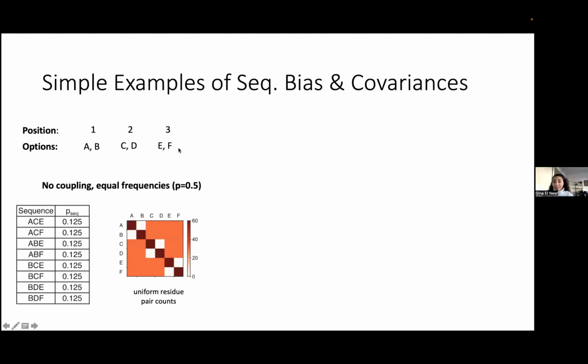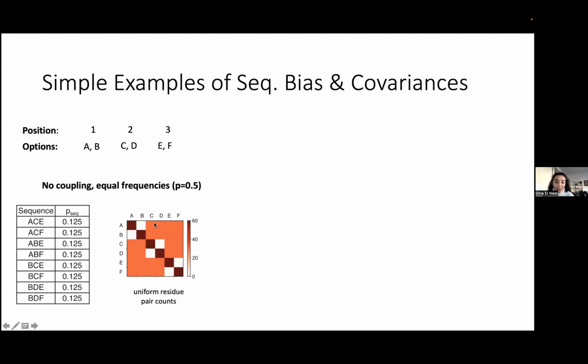So in the simplest case scenario, there's absolutely no coupling, and everything occurs at equal frequencies. So A occurs at a 50% rate, B 50%, C, D, E, and F. So the probability of each of these sequences is exactly equal, and there's a uniform residue count.